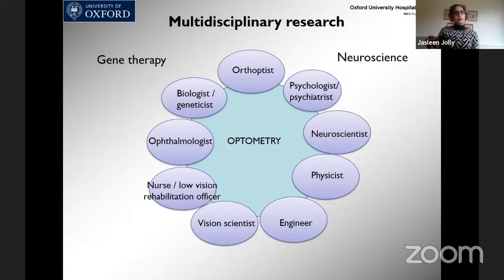I love collaborating, and I'm a very collaborative person, because I feel when you bring different skill sets together, you actually achieve so much more than you can when you're on your own. And this list is going to expand as my research fields expand and I move into other areas, because as I said, when you put skills together and advise each other on different aspects, then your research is going to be so much stronger.